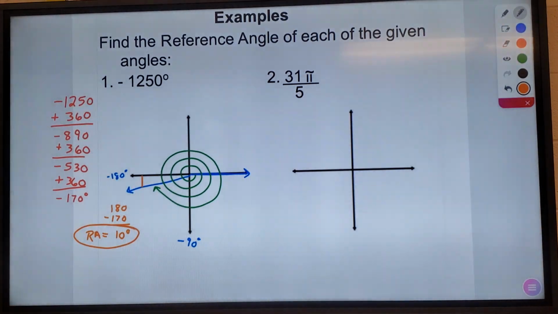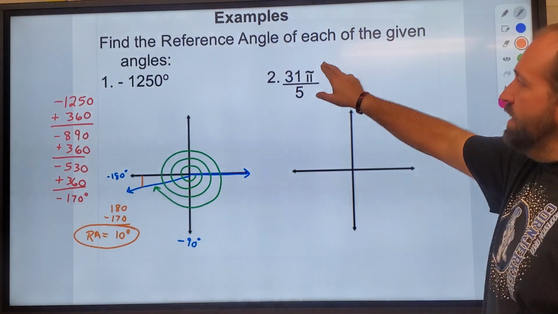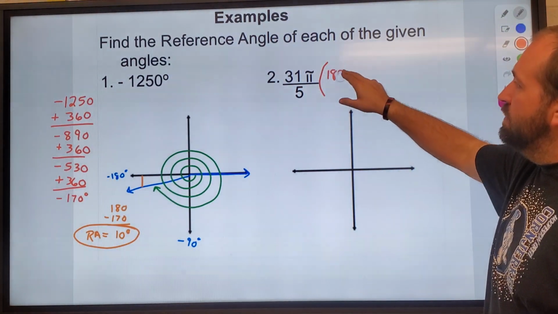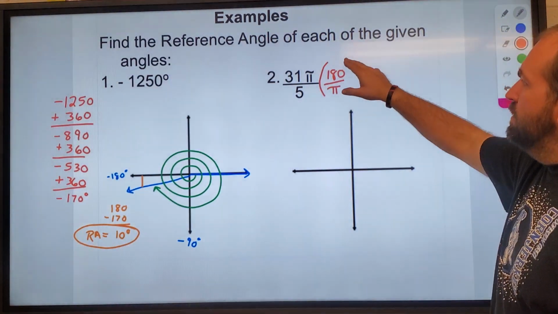Number 2, now I'm giving this to you in radians so that we can again work on both sides here. If I do this, again, my suggestion was to multiply by the 180 over pi. So let's do that. 180 over pi.